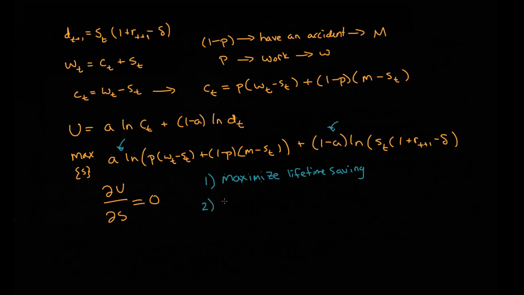And then 2, clear the markets. Based on that, we maximize our lifetime savings, finding S star, C star, and D star. And then using those, we can clear the markets for labor and goods. And then finally, the full equilibrium.